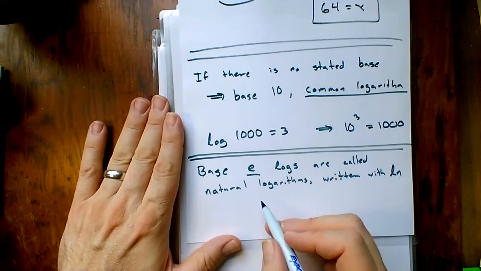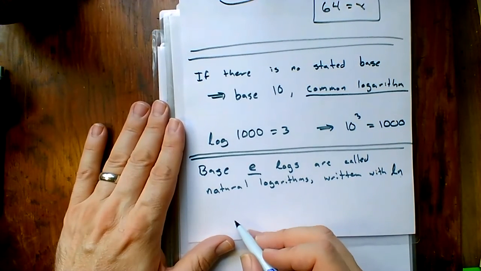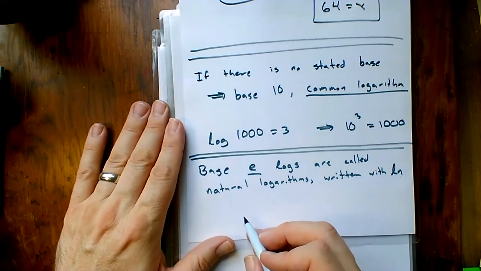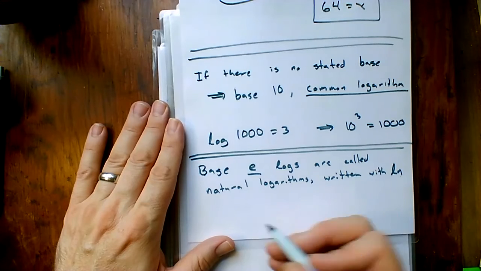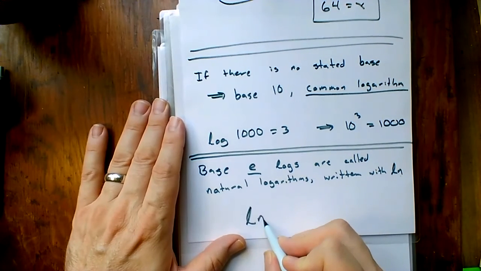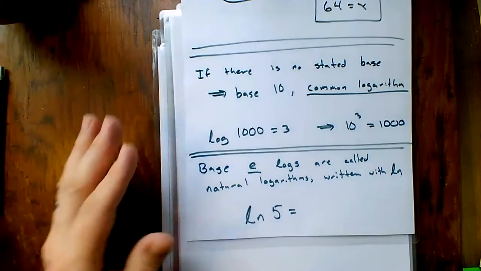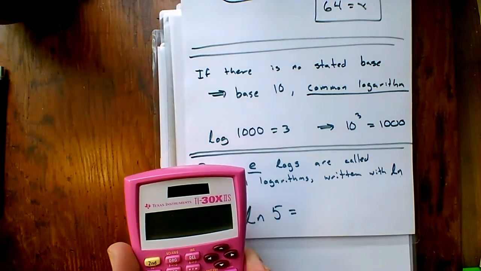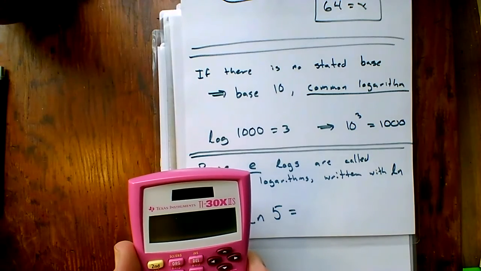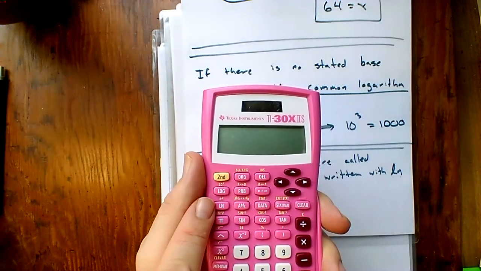So I would just say something like natural log of 5 is equal to something. I honestly don't know what that is off the top of my head, but a lot of your calculators will have your natural log.